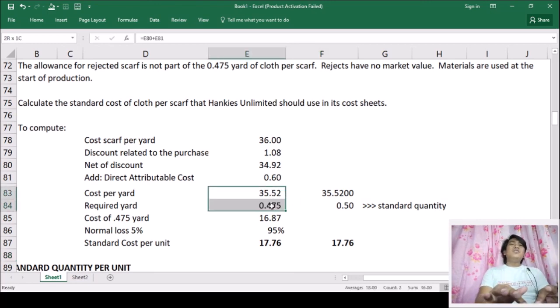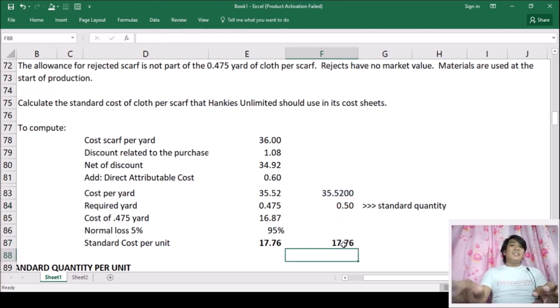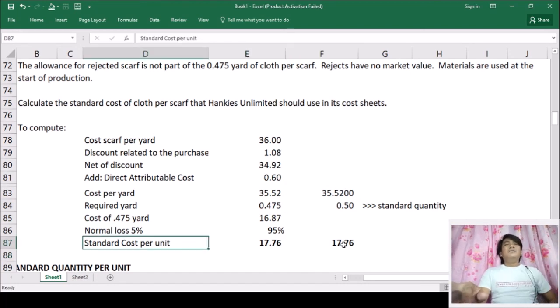This computation goes straight through. But if you want to know what the standard quantity really is, this is it. Use this, and then the standard cost per unit will also come out. Okay? It will have the same result, so you don't need to worry.